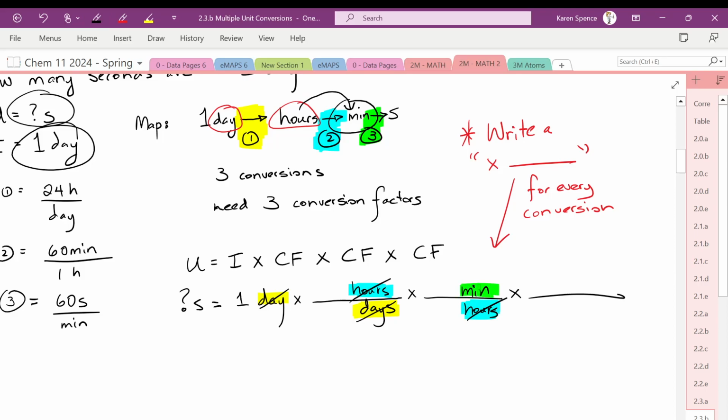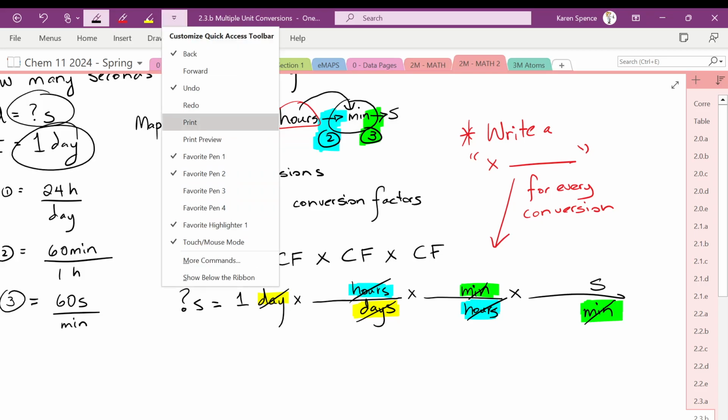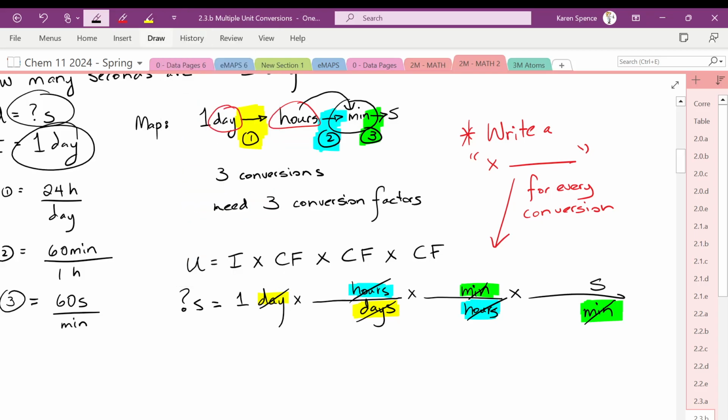I have minutes, but I don't want minutes. I want seconds, so minutes have to go on the bottom to cancel out. And then seconds have to go on the top. So now I can go through and I can say everything has canceled out except for seconds.